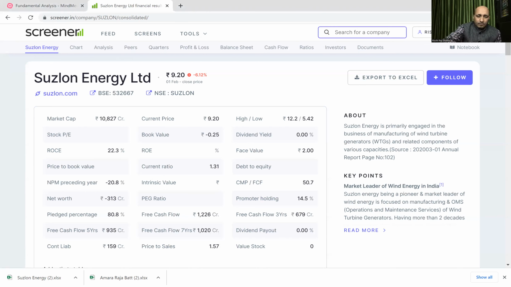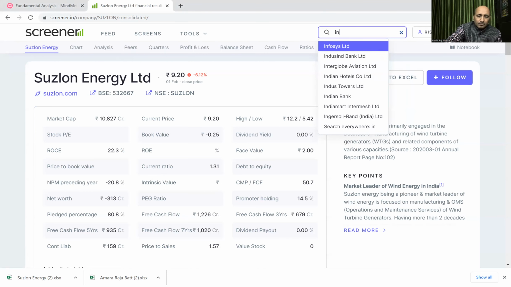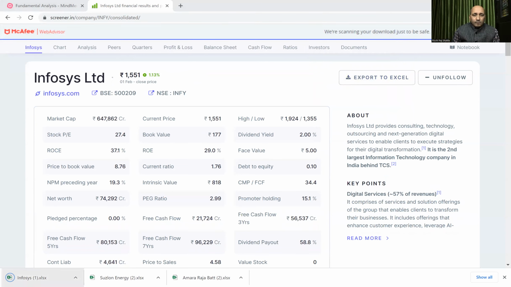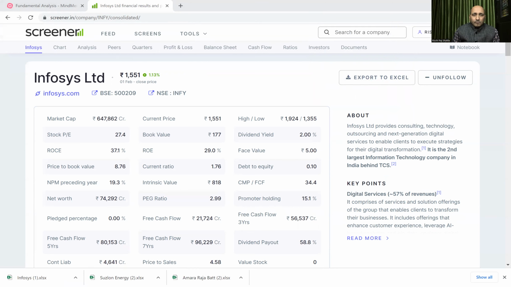Let us see Infosys. Here we can see sales growth is consistently increasing.